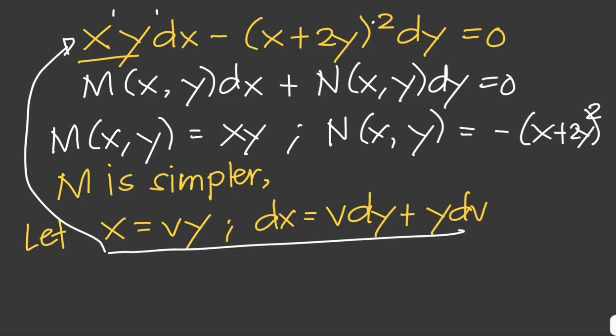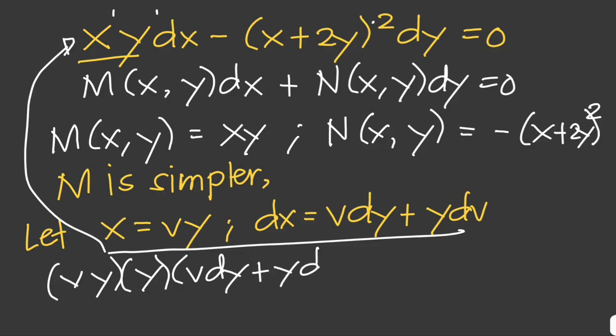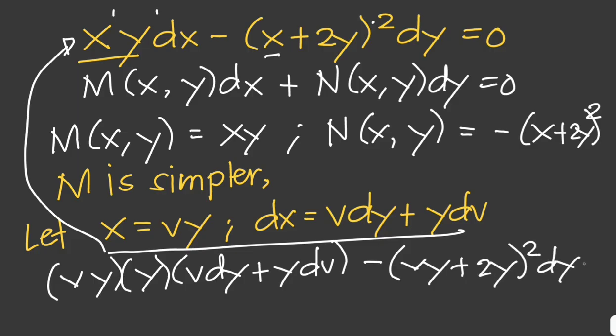So this would become xy dx, x here is vy times y, then dx is v dy plus y dv, minus our x is vy, this one, vy plus 2y, squared dy equals 0.